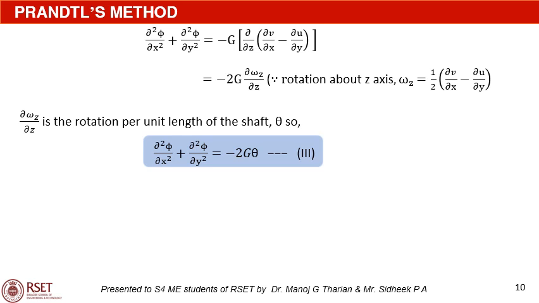So we have ∂²φ/∂x² + ∂²φ/∂y² = −2Gθ. Thus, the constant term F in equation 3 is −2Gθ.